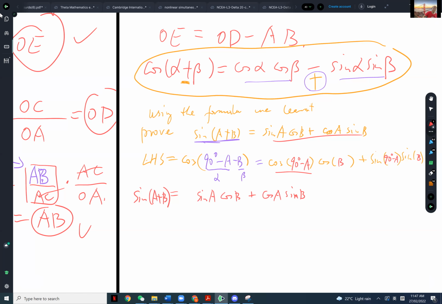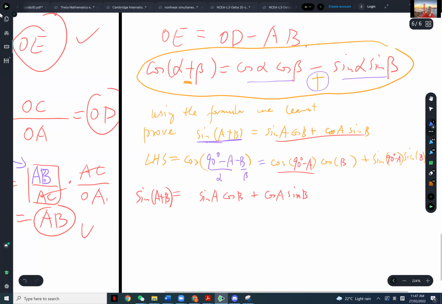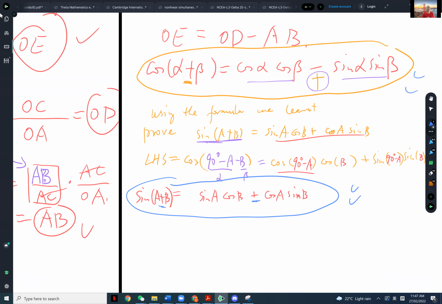If you make beta negative beta here, minus, cos negative b is still cos b, here minus. We proved 1, 2, 3, 4. We just proved four more formulas. Guys, everybody needs to memorize the formula. The formula is given in the exam, but we memorize it, or you can memorize during practice when you use the formula.